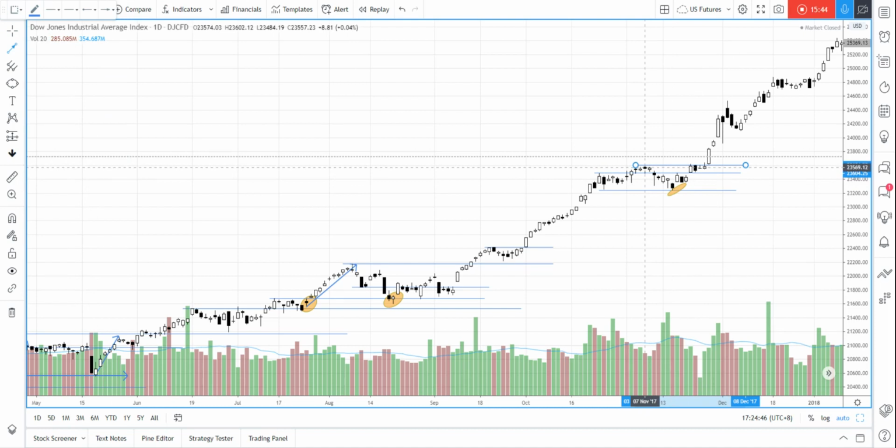Previously we had a reaction going all the way back to the support. Now we only have a reaction going horizontally, basically just consolidating instead of having some kind of reaction back to test the support.